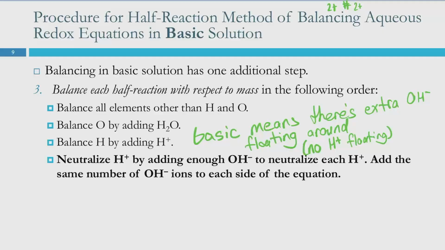So to make this fit with being in basic solution, the one step that we add is we're going to neutralize all of our H plus by adding OH minus. The hydroxide is going to neutralize our hydrogen ions. The side that has H plus, plus OH minus, turns into H2O.